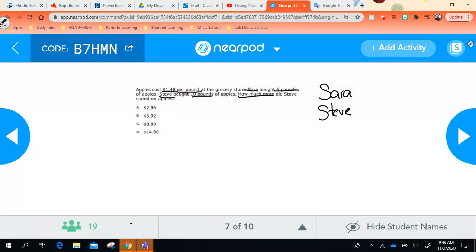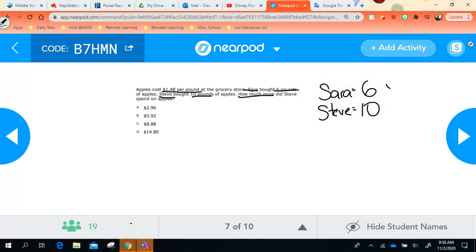Huh? Okay. If I have this per, remember the word per actually means multiply. So that was good. So I want to figure out how much my 6 pounds cost in total. And I want to figure out how much Steve's cost in total. So I have to take Sarah's 6 and I have to take Steve's 10.